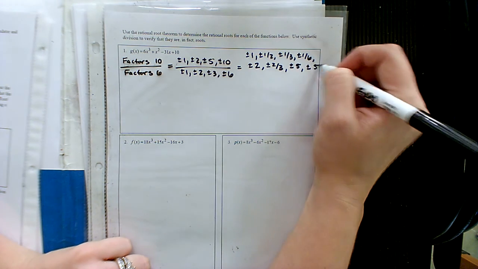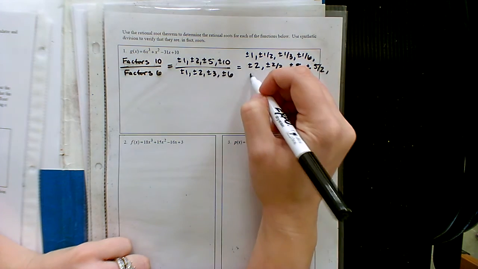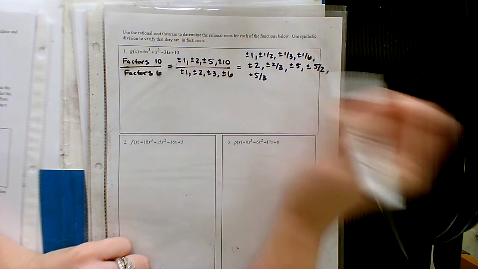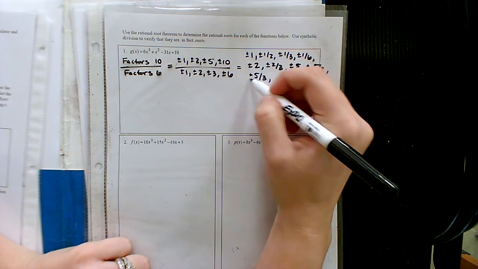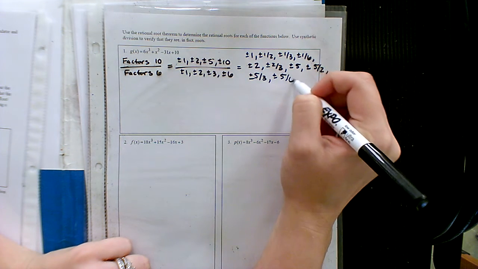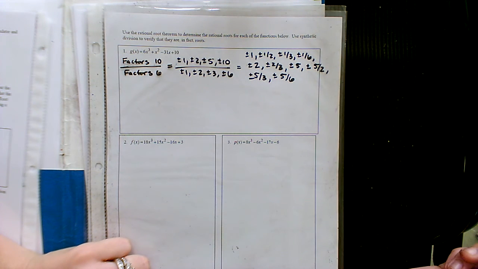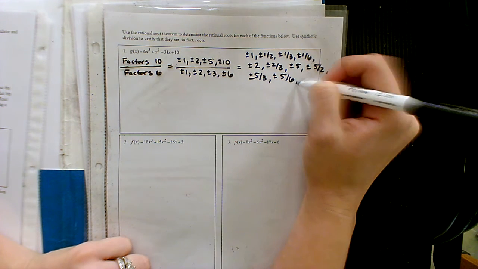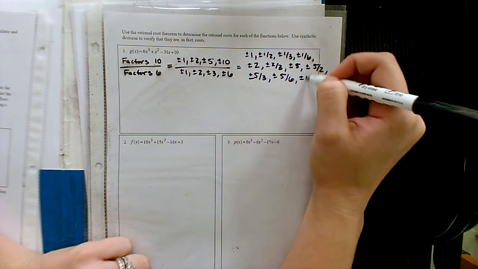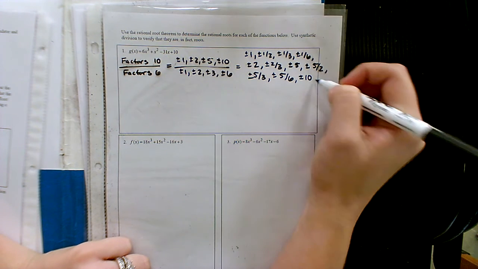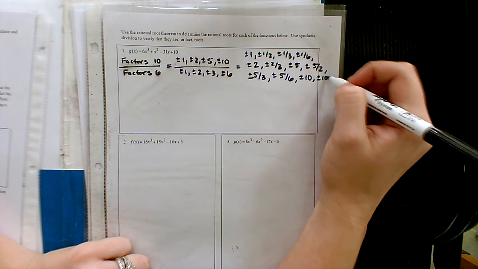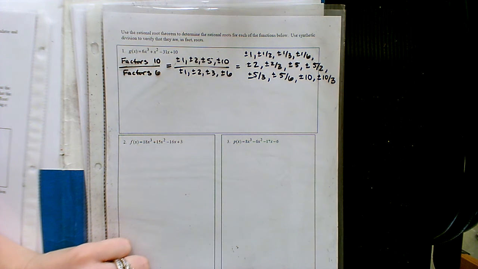We'll have 5, 5 over 2, 5 over 3, 5 over 6. Move it on to 10. We'll have 10 and 10 over 3. 10 over 2 and 10 over 6 are already listed in their simplified form.